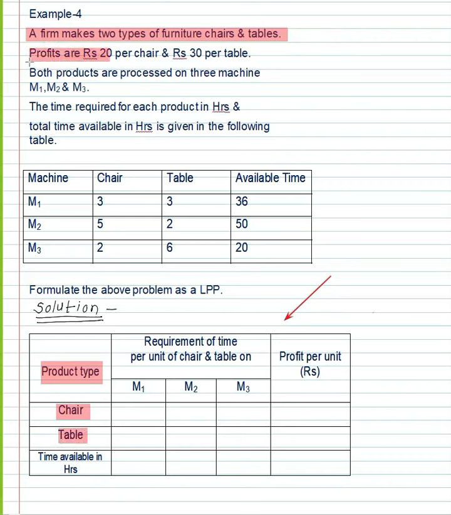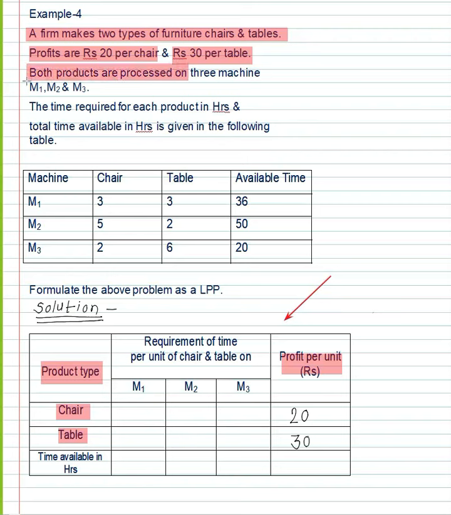Profits are 20 rupees per chair and 30 rupees per table. This is a column for profit, and the profits are 20 rupees per chair and 30 rupees per table.